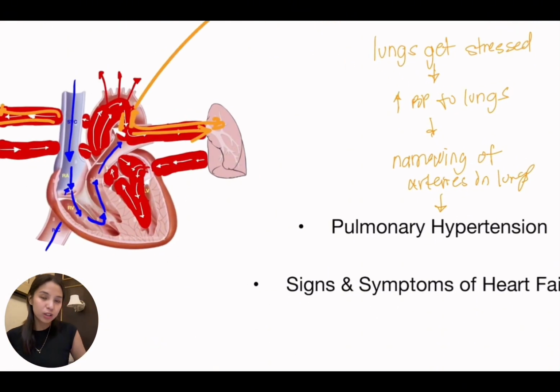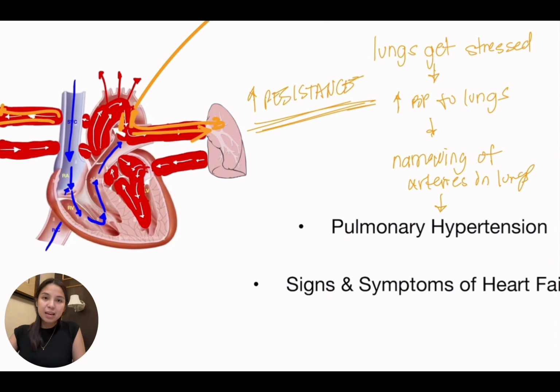Now, eventually, because there are already narrowed arteries in our lungs, there's increased resistance. The arteries are narrow, but you're pushing a lot of blood, so the heart has to exert much more effort to push that blood through the narrow arteries.